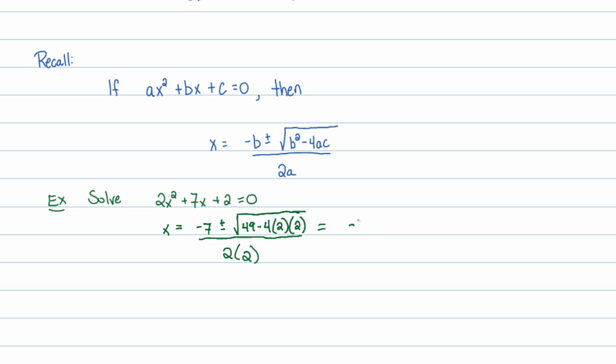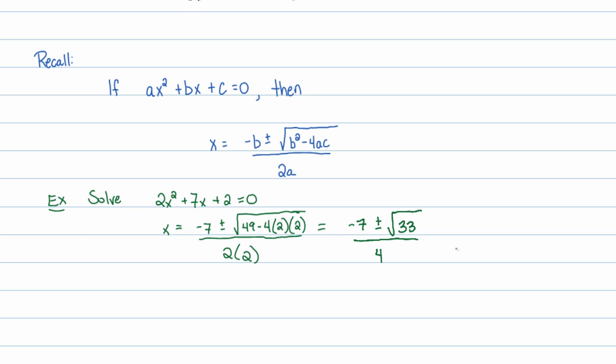And when you look at this, this becomes negative 7, plus or minus the square root of, well, 49 minus 16 will be 33, all over 4.